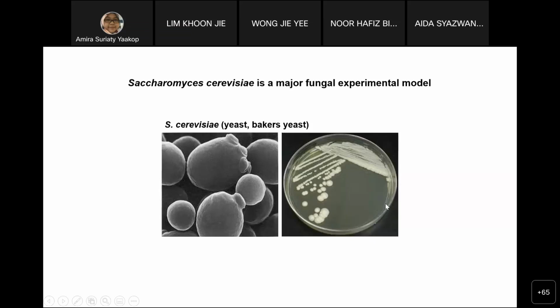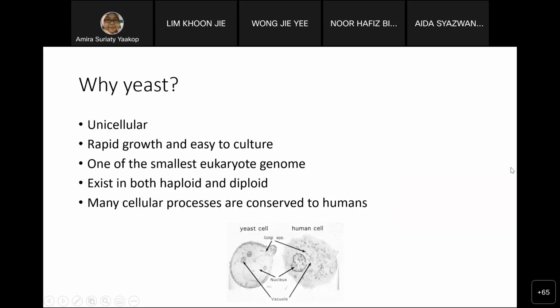Alright, meaning that we understand most of the mechanisms inside the yeast. That's why it became a model organism. So why yeast in the first place? Because yeast is unicellular, so it can represent examples of higher organisms. If you want to study in a unicellular organism, yeast is one of the best options because of its fast, rapid growth, and it's easy to culture as well.